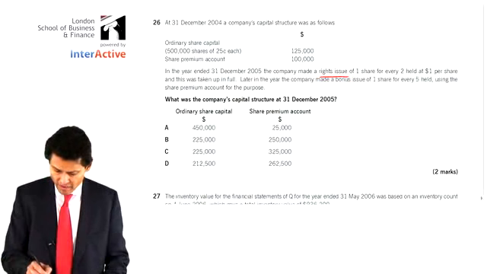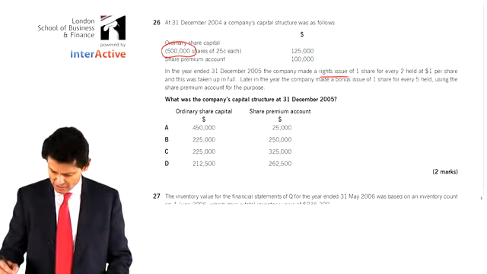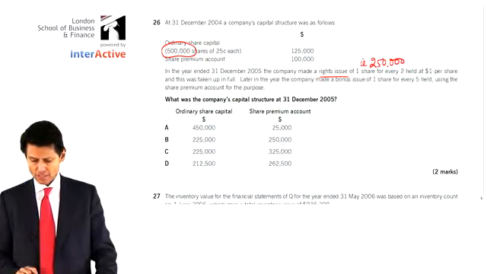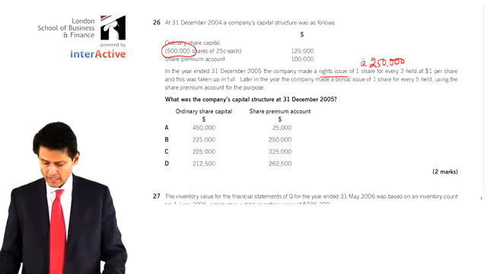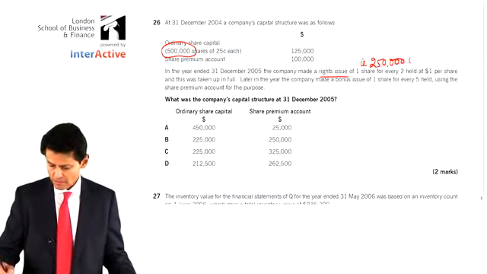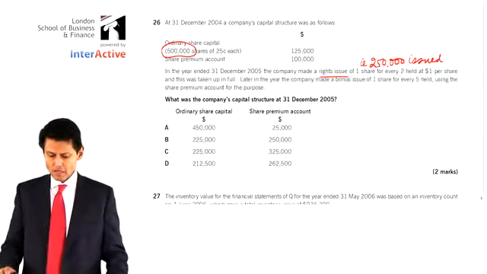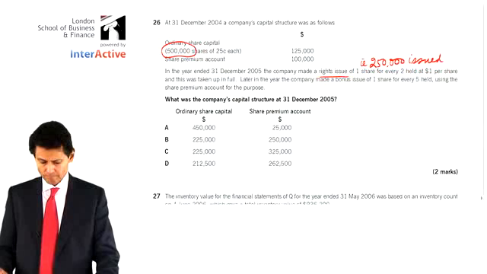So obviously if you've got 500,000 shares, 1 for every 2 must be 250,000. I've divided 500,000 by 2 and multiplied by 1. And it's at $1 per share. So 250,000 new shares have been issued at $1 per share, and this was taken up in full.